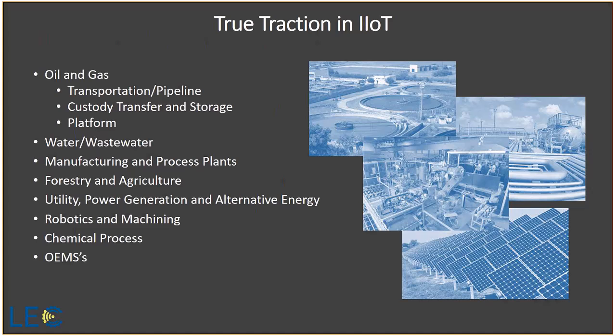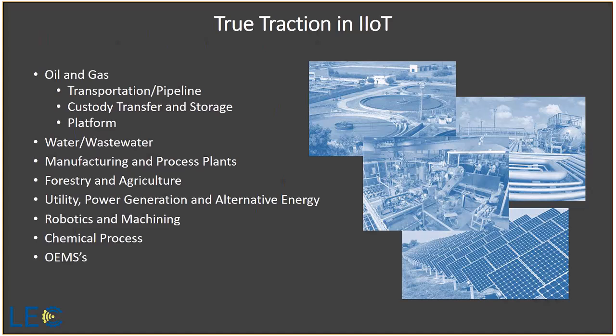We have a lot of activity in water wastewater. We're currently in the process of launching some national programs with some large carriers in this vertical, and this is a great place for all of us to continue to carve out business in industrial IoT.